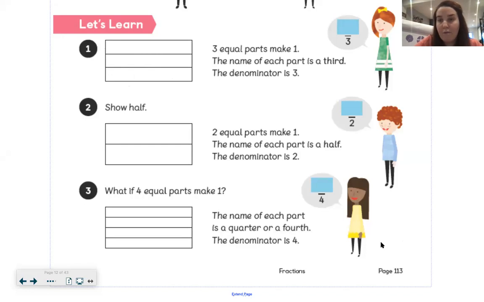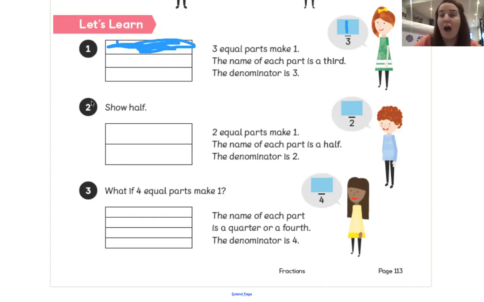Okay, so how much is 1 part worth? So what fraction would 1 part be? So 3 equal parts make 1 whole. The name of each part is a third, and the denominator is 3, and I've coloured in one of those things, so it means 1/3.